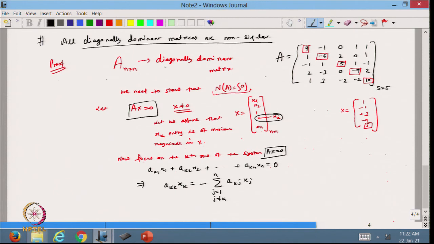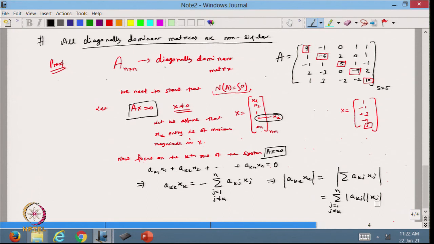Now from here I just take the magnitude, the modulus value of this, so basically the minus will be removed, and this one I can write as summation of |a_kj x_j|, j is 1 to n, j not equal to k.